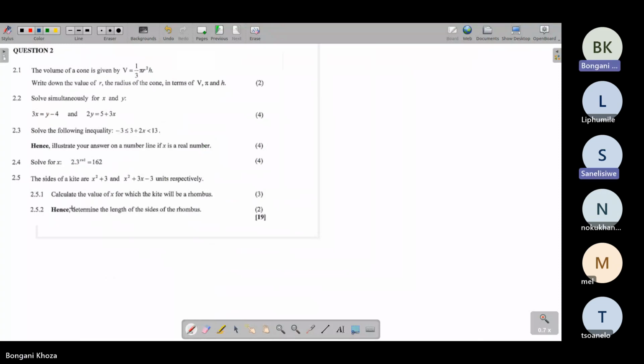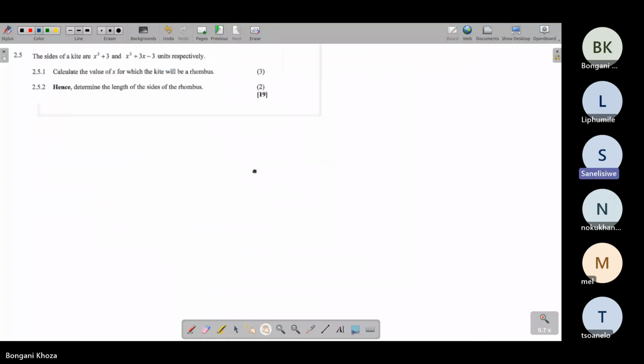Here for 2.5, let's do this. For 2.5, we are told that we have a kite here. If we say this is our kite, I can still draw.